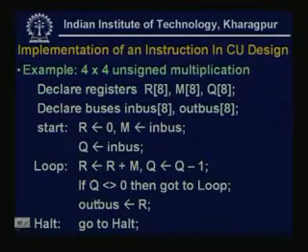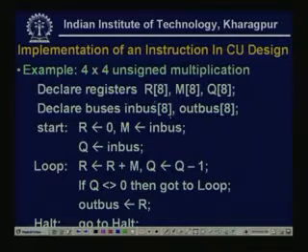Now, we take one example. Again we will see the last day's example, that one 4 by 4 unsigned multiplication. Already we have seen that we have to declare some registers, and 3 registers are declared. Here, if it is a 4 by 4, this R8 can be R4, M4, Q4.